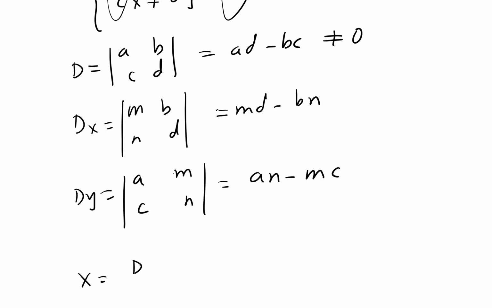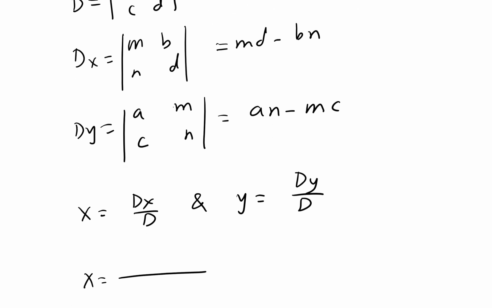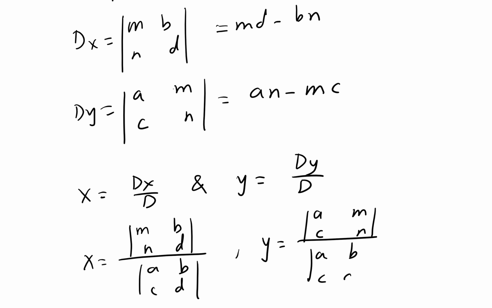So x is Dx over D, and y is Dy over D. Written in terms of determinants, Dx is m, n, b, d, D is a, b, c, d, and y is a, c, m, n over a, b, c, d. That's how you find x and y using Cramer's rule.